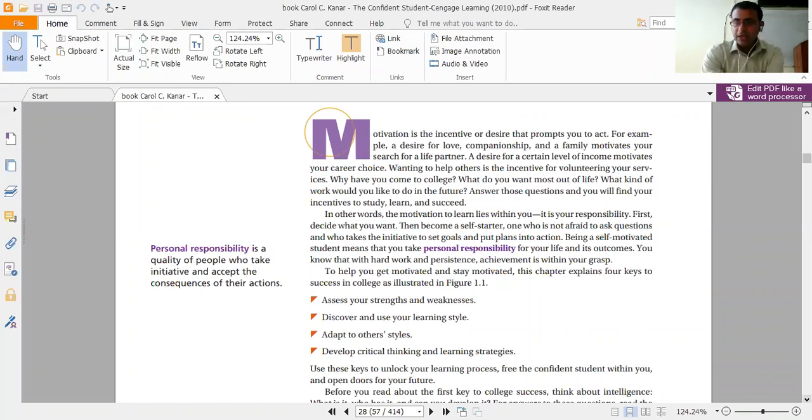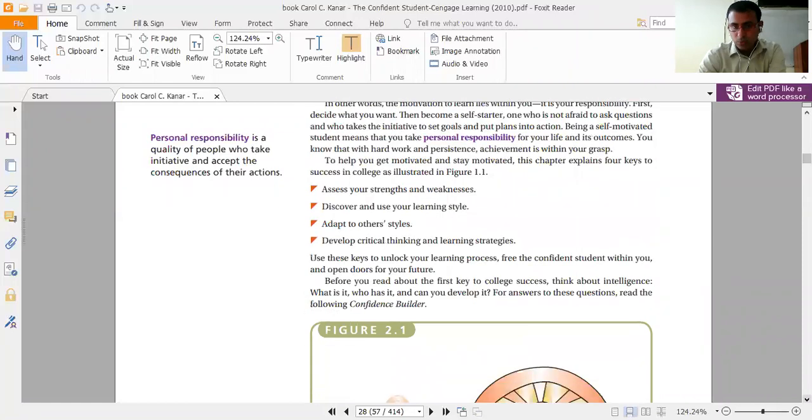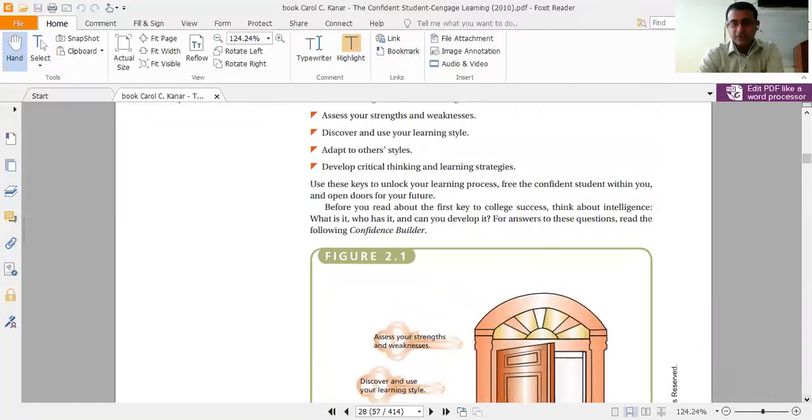So not only is the confident student going to take the initiative, but he or she is also ready to accept the consequences of the actions that he or she has taken. To help you get motivated and stay motivated, this chapter explains 4 keys to success in university, as illustrated in figure 1.1. I think you can see the figure as well to some extent.